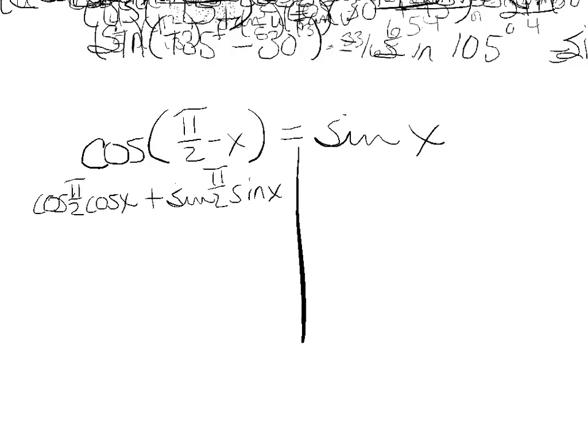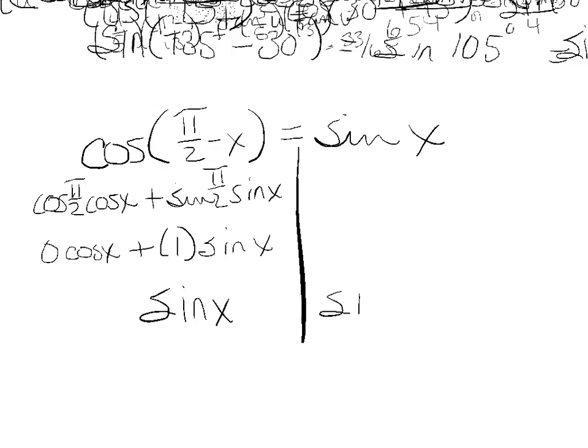Cosine of pi over 2 is 0. So we have 0 times the cosine of x. And what is the sine of pi over 2, Adam? 1. So we just proved that that is a true identity.